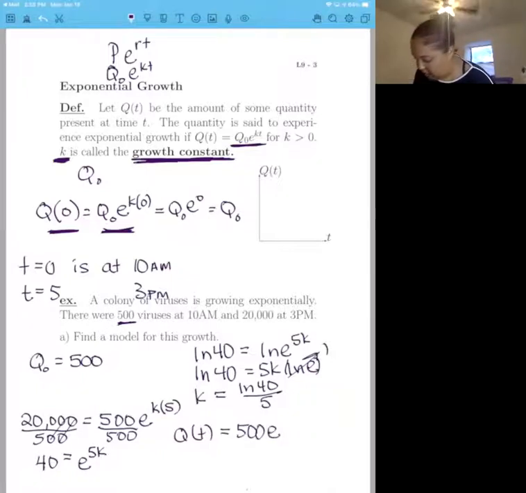And our K, again, is natural log of 40 over 5, times T. All right, so when we're looking for a model, the things we need are our Q naught, our initial amount, and our growth constant, right? And then our variable is T, time.